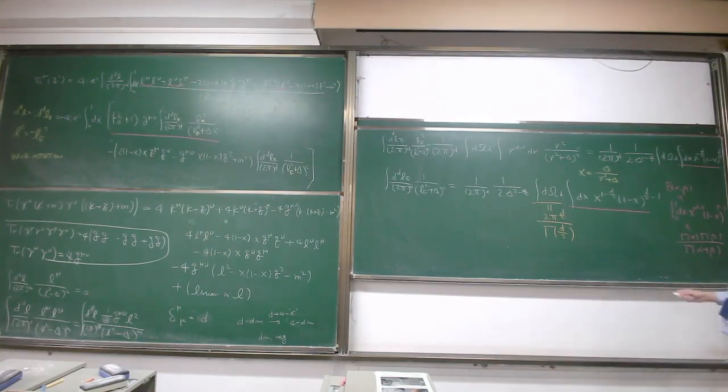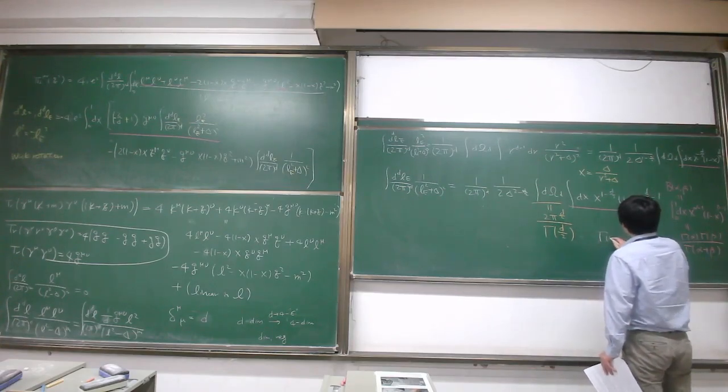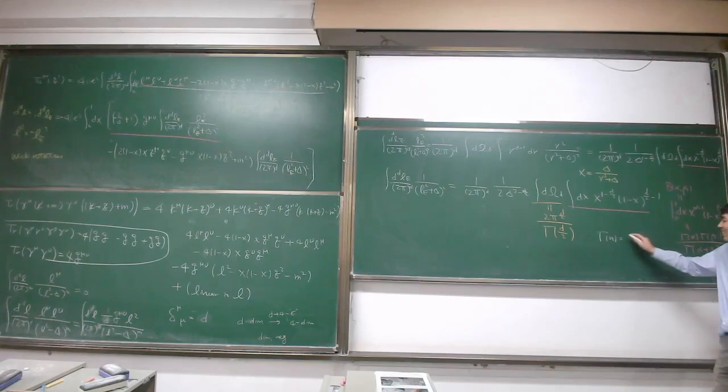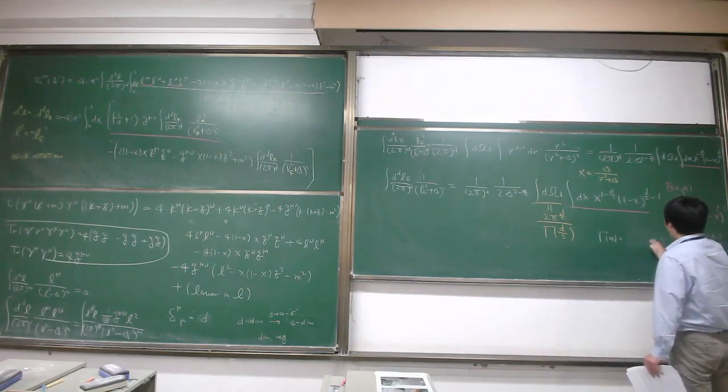So you know this one, right? Gamma n is equal to... is it n minus 1? Which one is correct? N minus 1. Thank you very much.